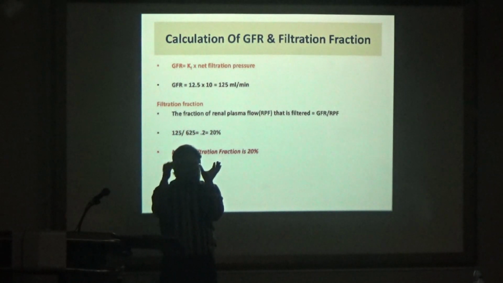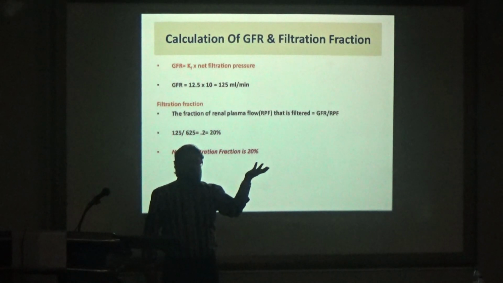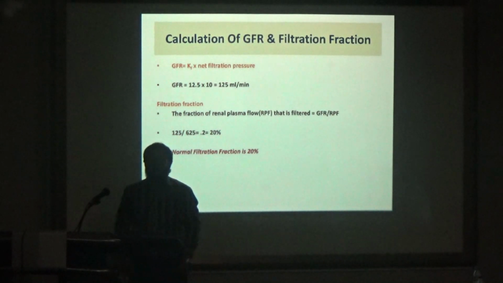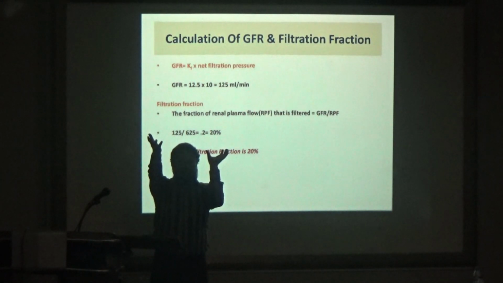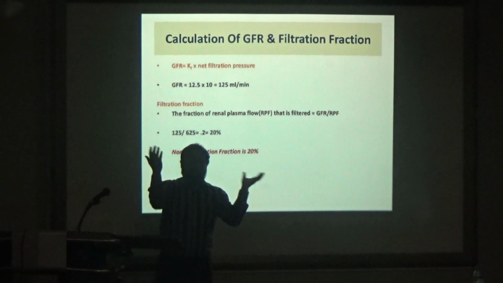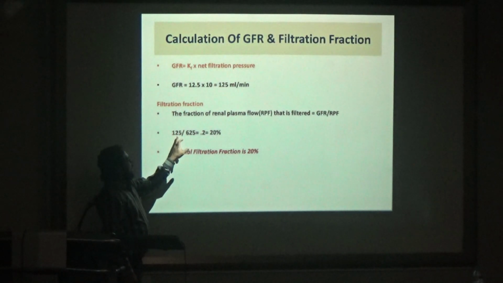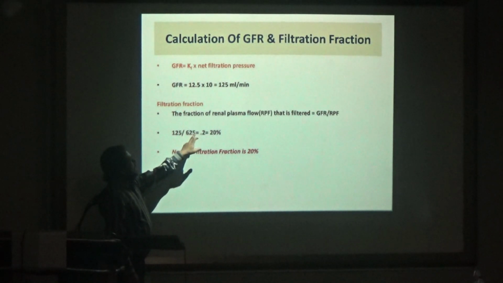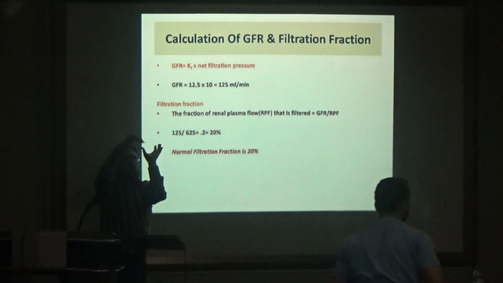So 20 ml. That is the idea: what is filtered out is the GFR, and what is flowing through is the plasma flow rate. So it comes out to be 125 divided by 625. 625 is the amount of blood flowing to the kidney in one minute.